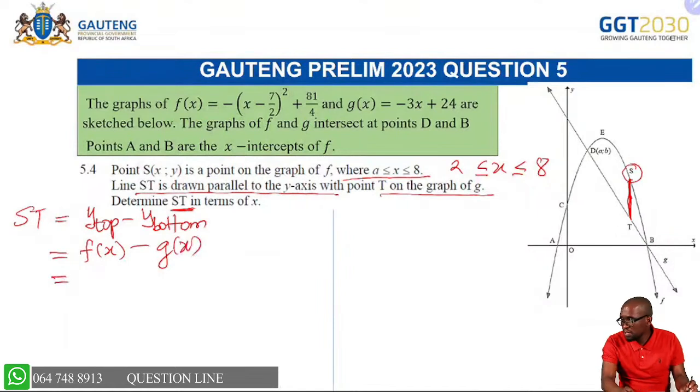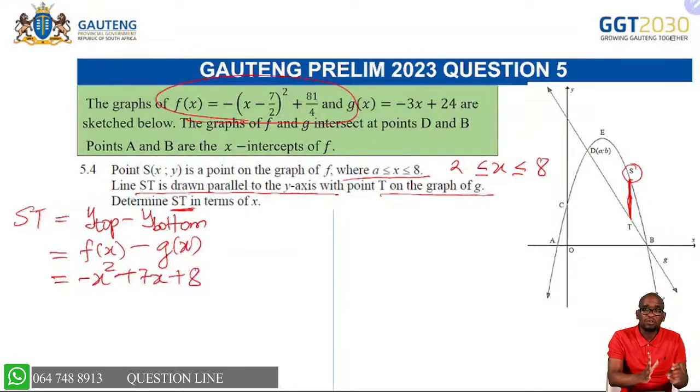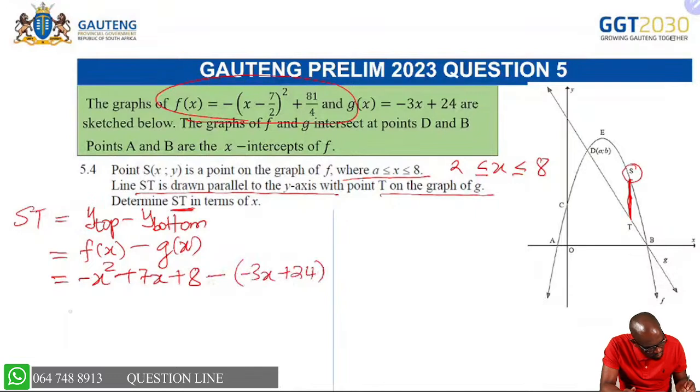So we've simplified our f of x as negative x squared plus 7x plus 8. That's how we simplified it on the previous slide when we multiplied this out and wrote it in the form of ax squared plus bx plus c. Now we are subtracting here negative 3x plus 24.